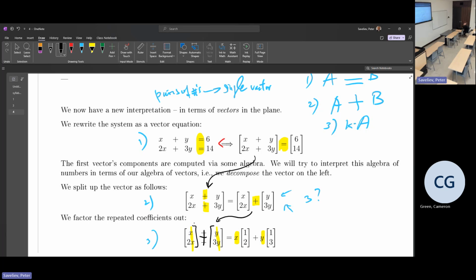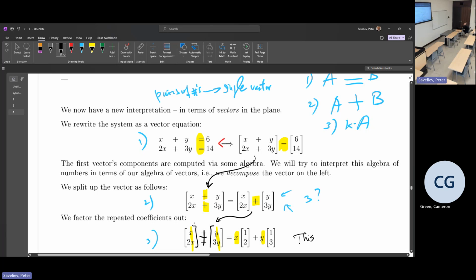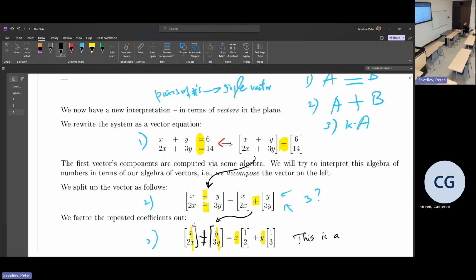And we recognize this as what? Two vectors with coefficients added together. What do we call it? I've been calling it that today. Two vectors, 1, 2, and 1, 3. When I multiply 1, 2 by x, what do I get? What's the meaning of scalar multiplication?